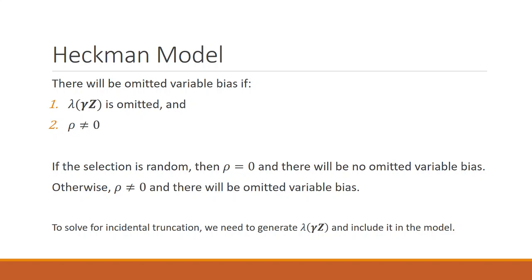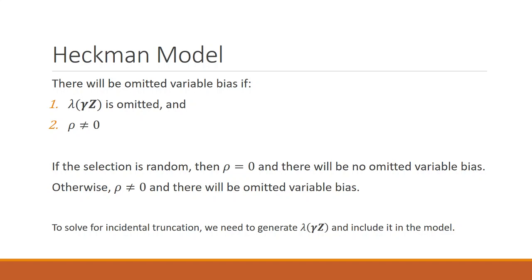And there will be no omitted variable bias, and it doesn't matter. We can just use the ordinary least squares regression. We don't have to include the inverse Mills ratio. But if rho does not equal 0, then we will have omitted variable bias if we exclude the inverse Mills ratio.